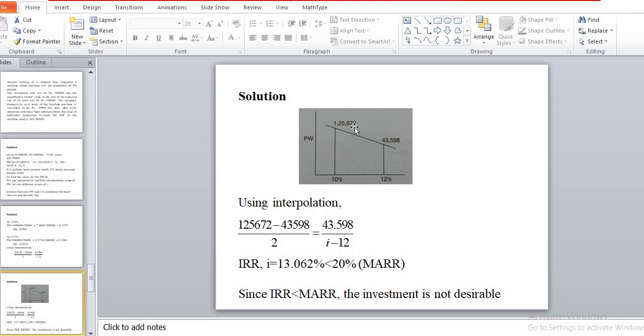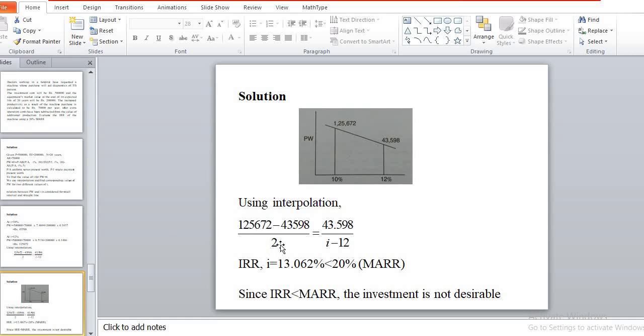So this 1,25,672 minus 43,598 is the present worth value subtraction.